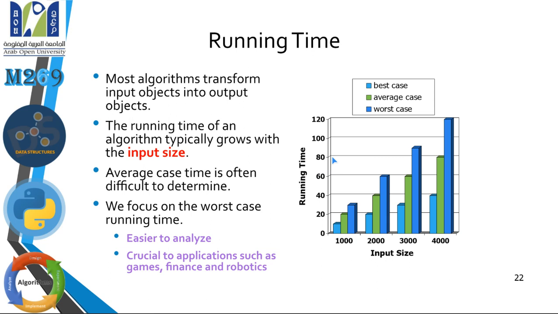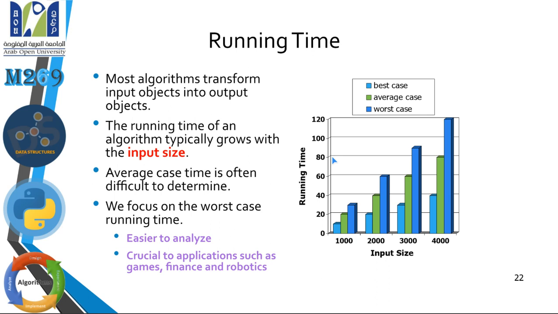So here we have different cases. The best case is when the size of the input is very small. The worst case is if you have a huge amount of data, and the average case is if you have average size of data. So for every single solution, we have 3 cases to be considered: best case, average case, and worst case.